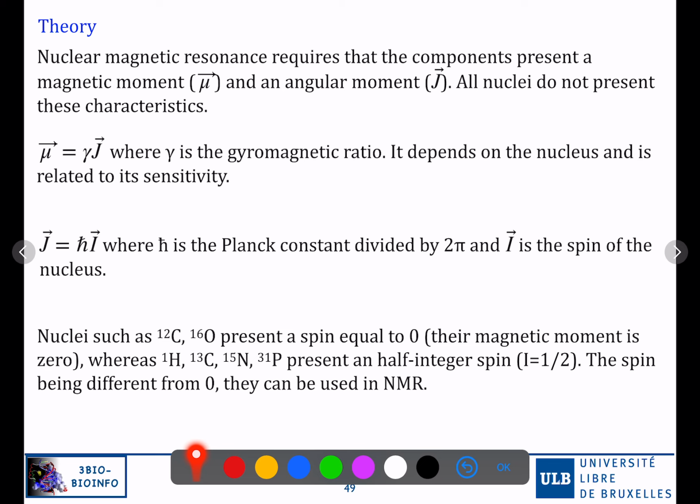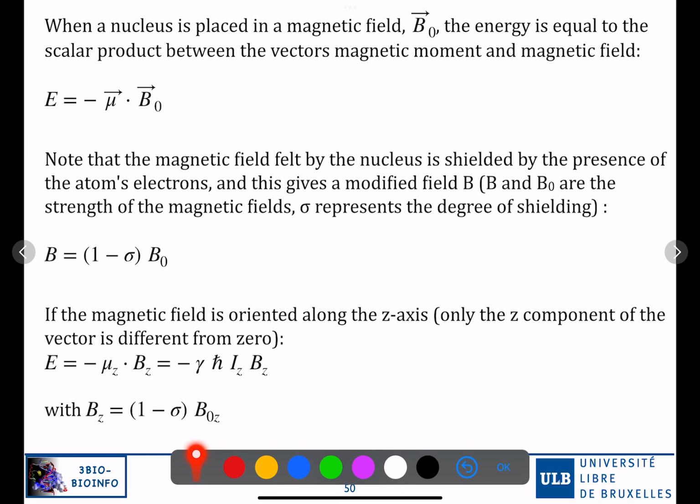So, what happens now when you place this nucleus that presents a magnetic moment different from 0 in a magnetic field? Here we will place this nucleus in a magnetic field that I will call B0, and we will see that there will be an interaction between the magnetic moment of the nucleus and the magnetic field.